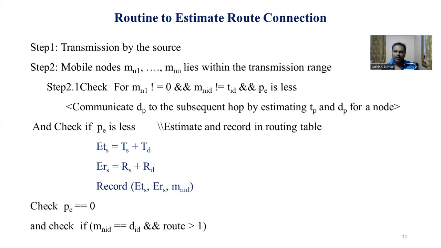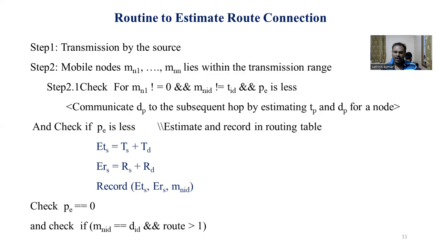Next, estimating the route connections. Step 1 is transmission by the source. Step 2: mobile nodes MN1 to MNn lie within the transmission range. Check that MN1 is not equal to 0 and MNID is not equal to TID. The estimation time is equal to TS plus TD, and the estimated route is RS plus RT.